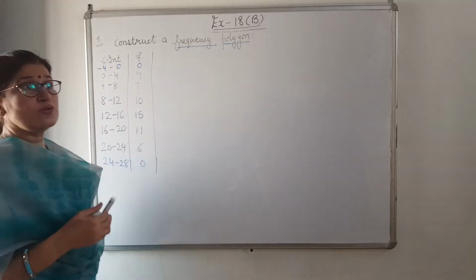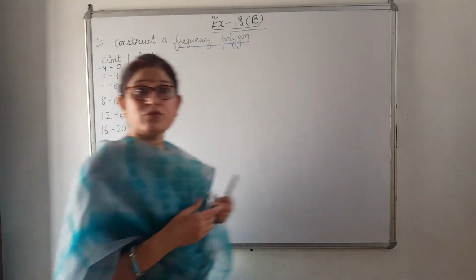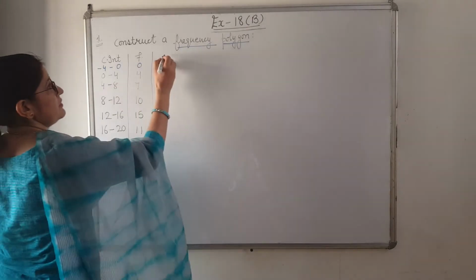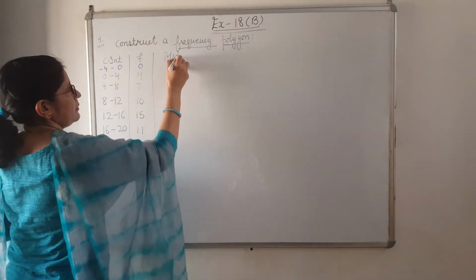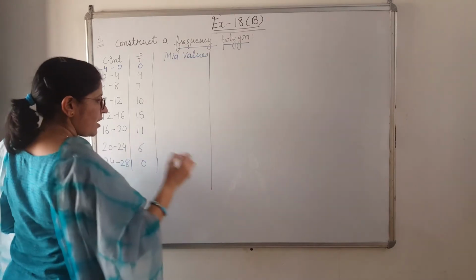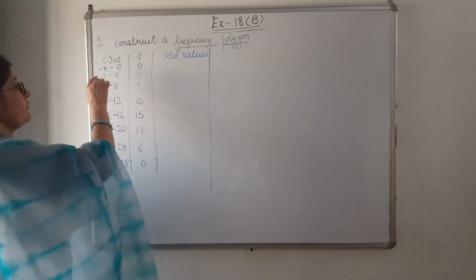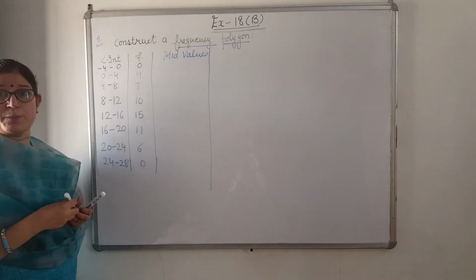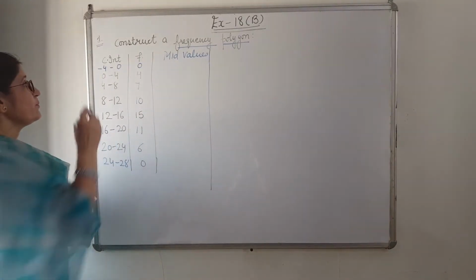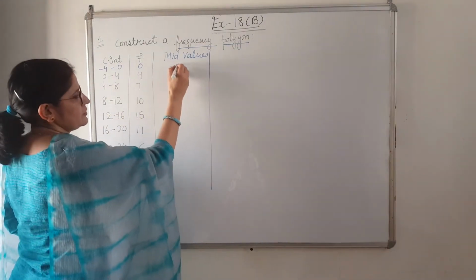If you don't want to draw a histogram, then we have to find the mid values, or class marks. How to find the mid value? I told you in the last exercise, we add the lower limit and upper limit and divide by 2. Minus 4 plus 0 is minus 4, over 2, minus 2.